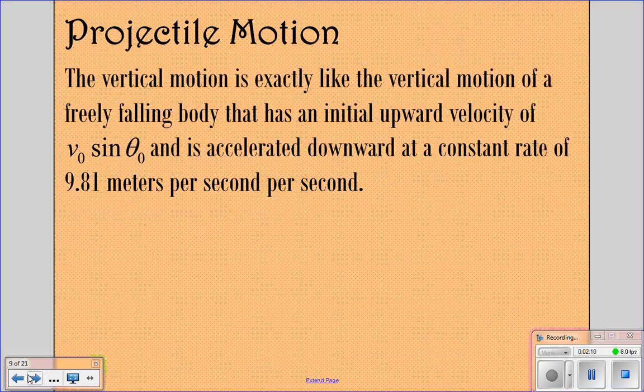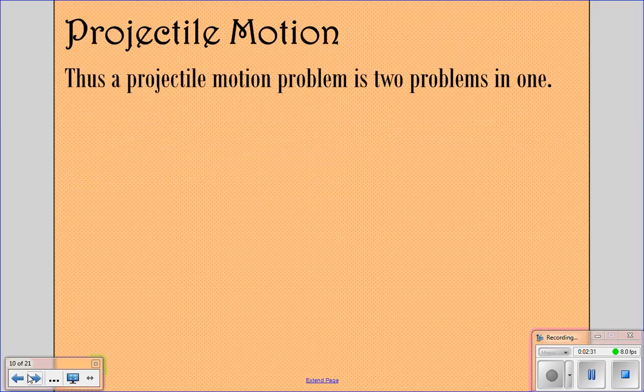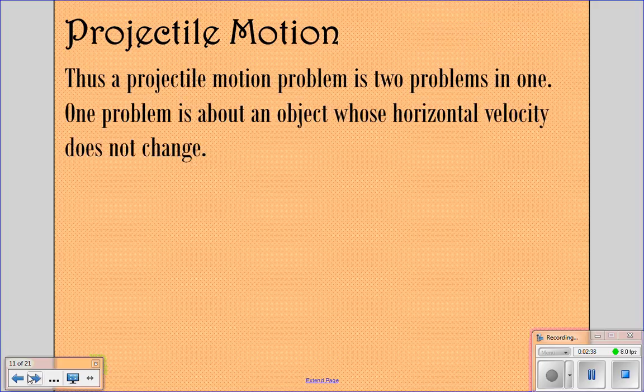So the vertical motion is exactly like the vertical motion of a freely falling body that has an initial upward velocity of v sub 0 sine theta sub 0 and is accelerated downward at a constant rate of 9.81 meters per second per second. And so a projectile motion problem is basically going to be two problems in one. One of the problems is about an object whose horizontal velocity does not change.